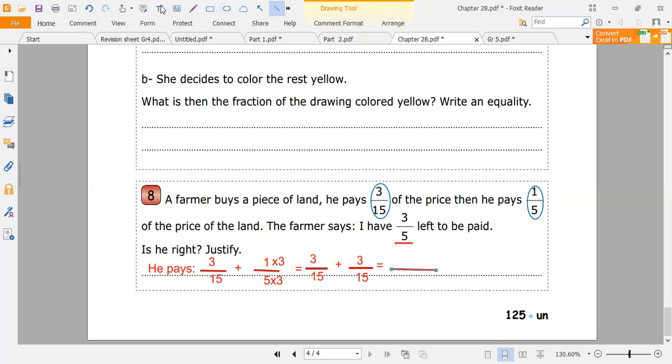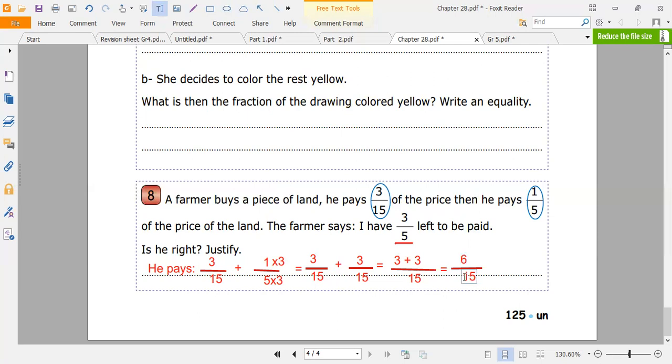It is 15, and we add the numerators, 3 plus 3, 6. And we keep the denominator, so we get 6/15.